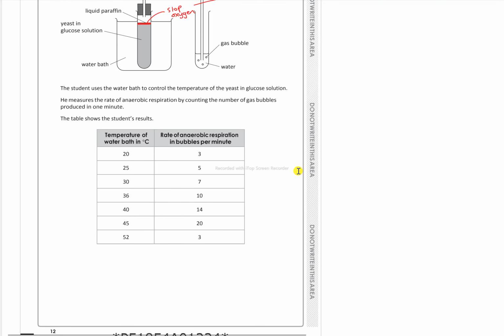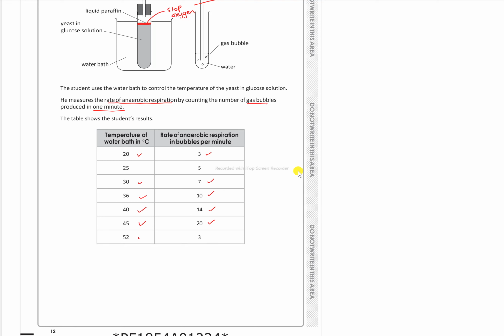Right, so what they're saying is, you measure the rate of anaerobic respiration by counting the number of gas bubbles per minute. When the temperature was 20, it was 3, and it goes up: 36, 10; 40, 14; 45, 20.